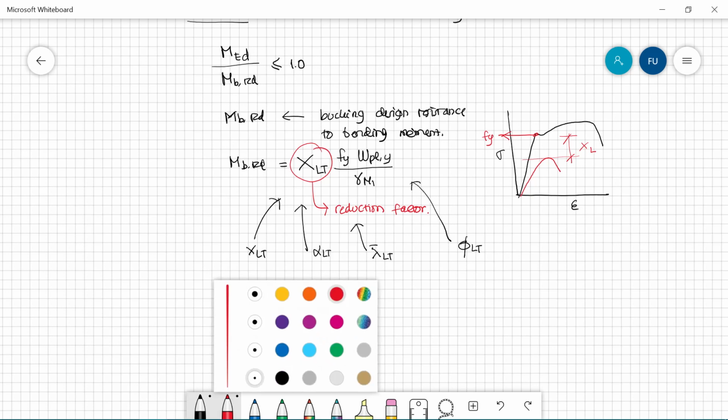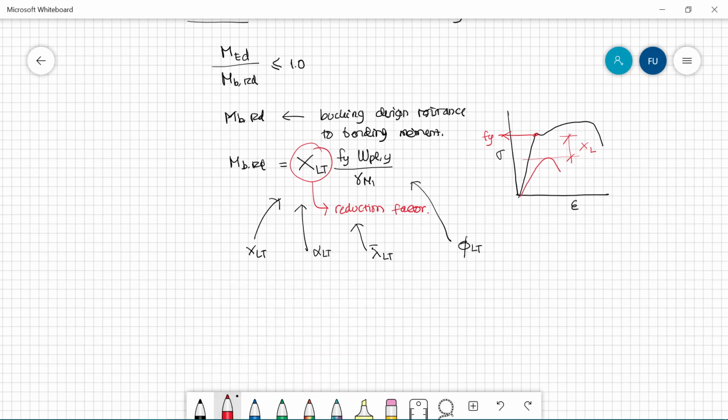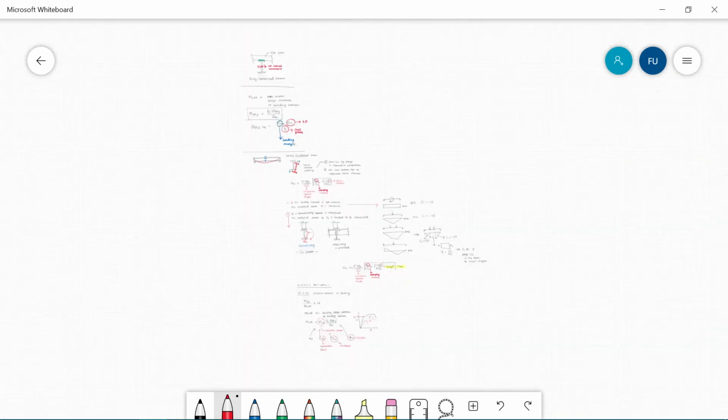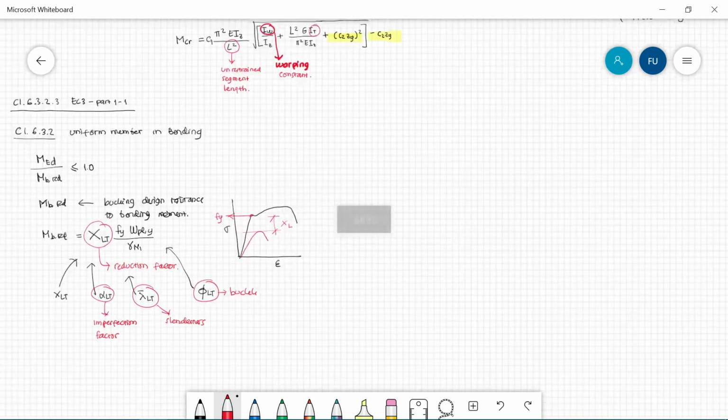So this one we call the imperfection factor. And then there is slenderness, and the buckling factor.